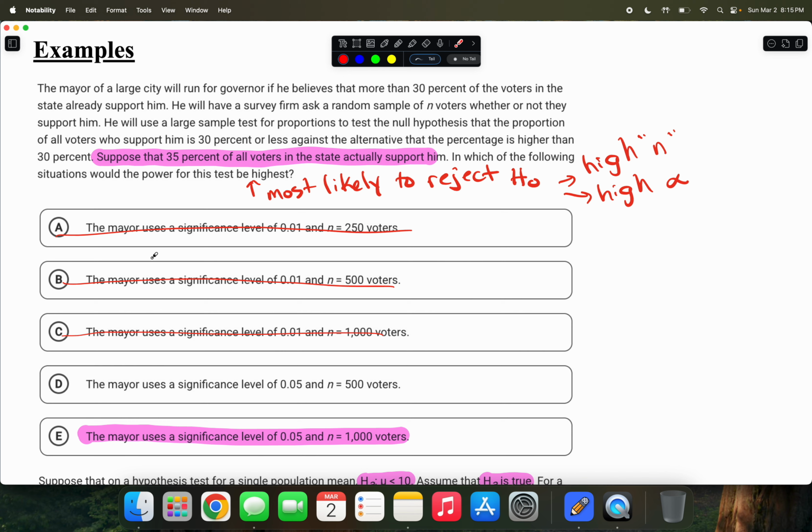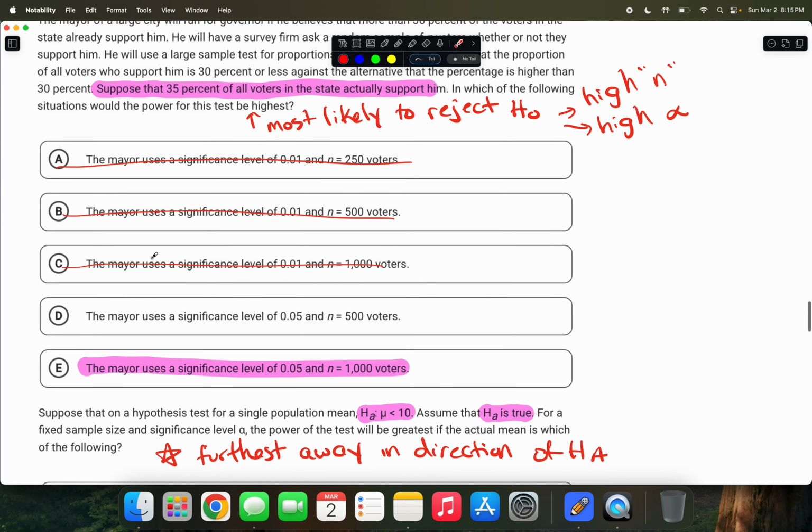Well, that would be in which of the following situations am I going to be most likely to reject the null hypothesis because I should? If my initial assumption is 30, but the true value is 35, I should reject the null hypothesis here. And so, in order to make it the easiest to reject, it's the highest sample size and the highest significance level, which is why here the answer is E, the largest sample size of 1,000 people and the biggest significance level of 0.05.